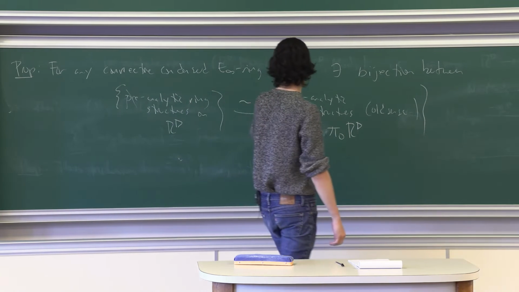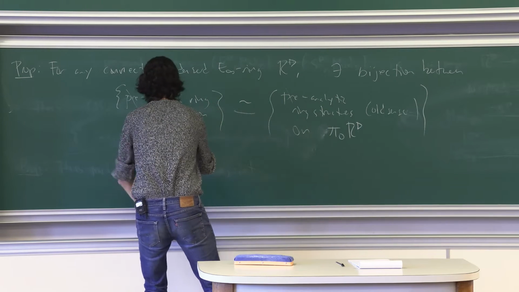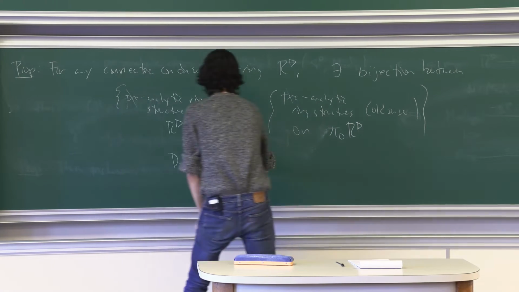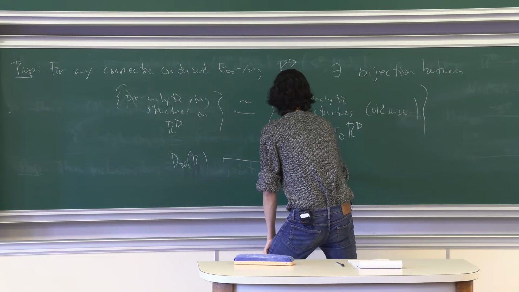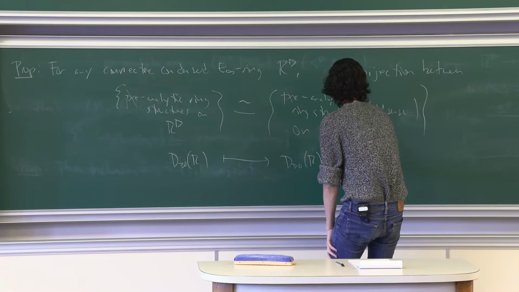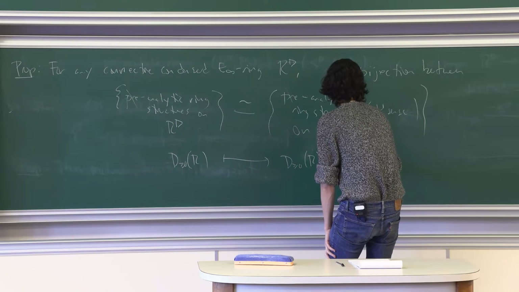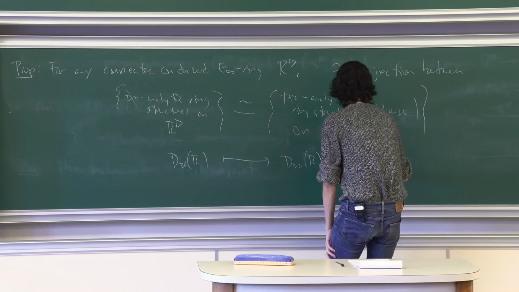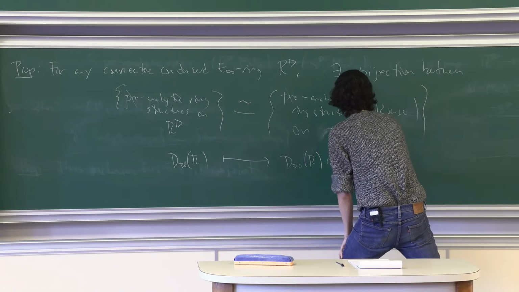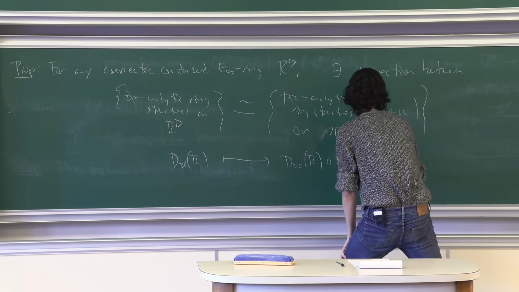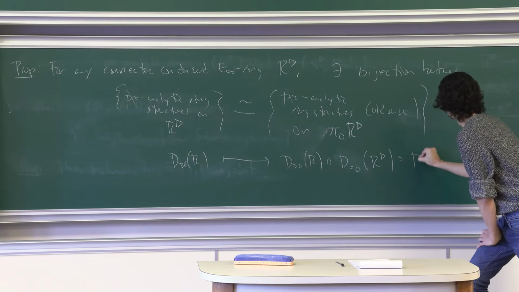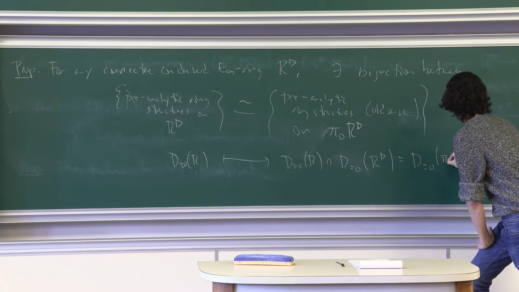And what is this bijection gotten by? Here you have D greater than or equal to 0 R as the data, and you send that to just those things in D greater than or equal to 0 R which happen to lie in the heart. Well, let's say D equals 0 R triangle, which is the same thing as D equals 0 pi naught R triangle.